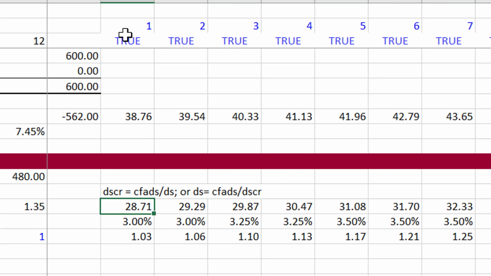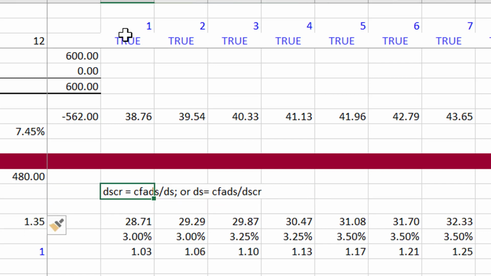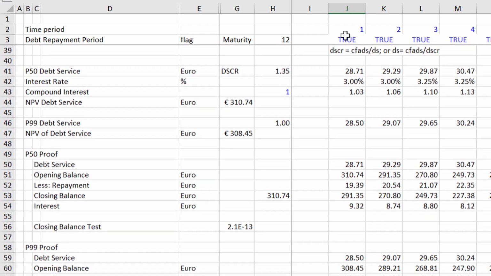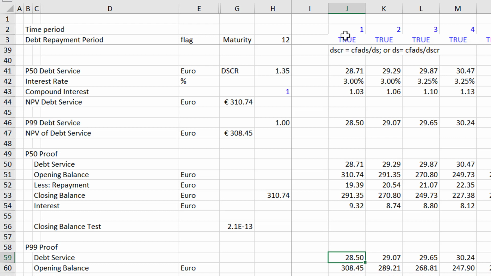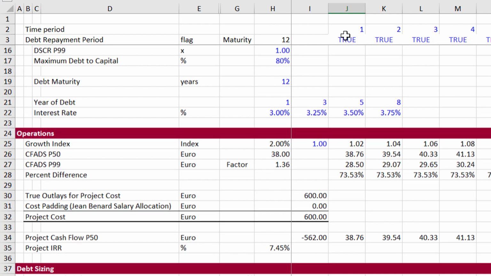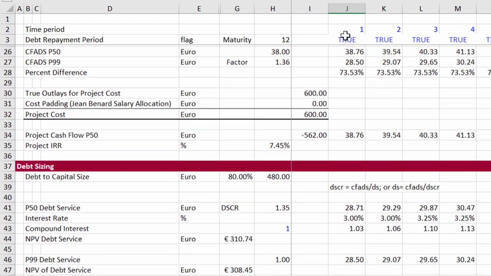Okay, and that's our first one. So we do that, and I think I didn't finish what I was going to say, which is you do that both for the P50 case and any other case that could constrain your debt. And in this case, it's the P99 case. Okay, now let's.